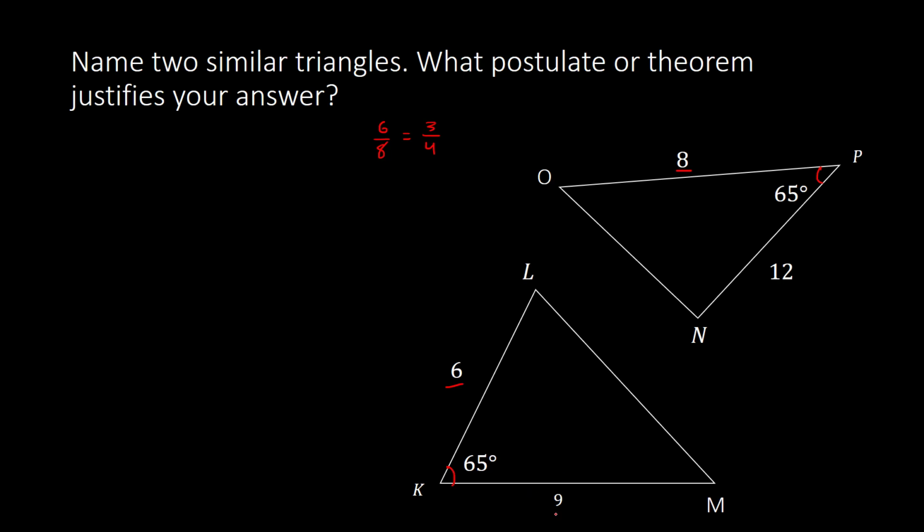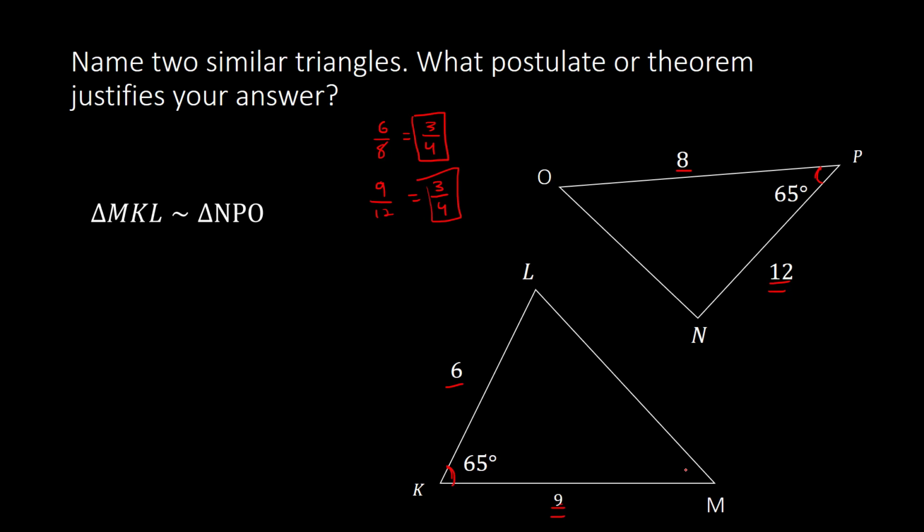And then if the 9 corresponds with the 12, then I have 9 over 12, which could reduce as well to give me 3 over 4. So notice that the two sides that are next to this angle are proportional to the two sides over here that are next to this angle. So because of that, we have a side and then angle in the middle and then a side. So we have the side angle side similarity theorem that says that these would be similar.